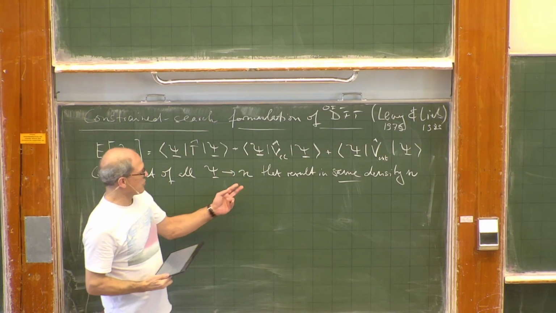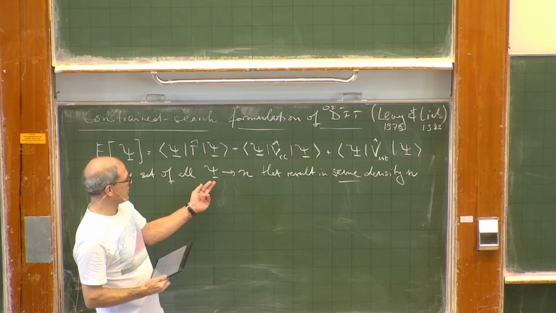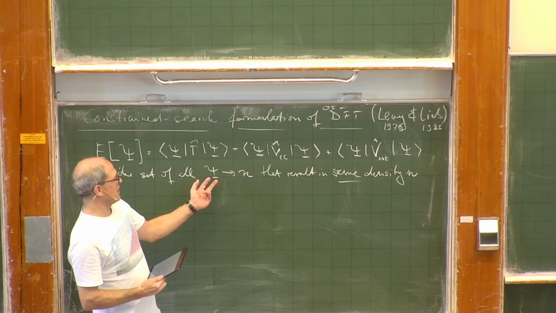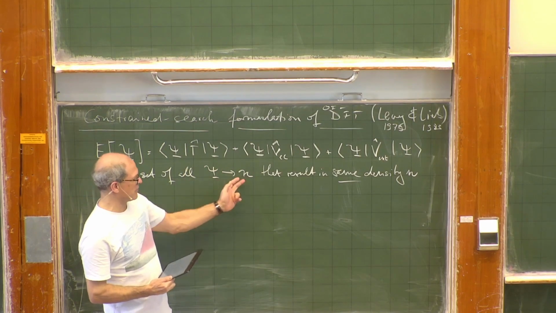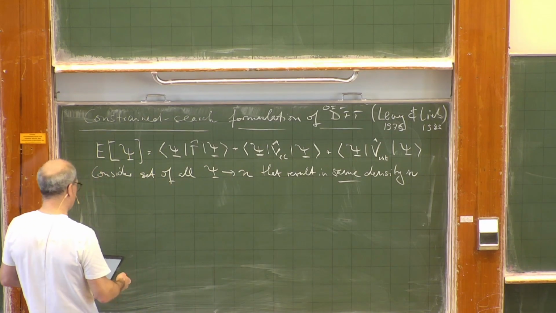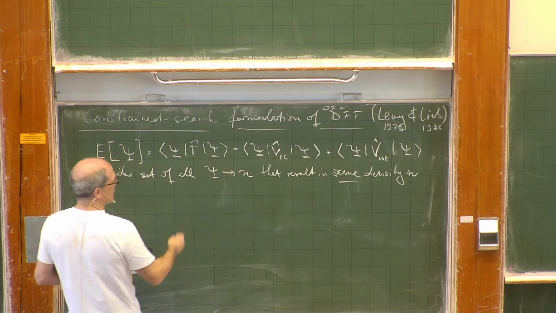And so we simply can compute this one particle electron density of any wave function, and here we consider all those wave functions which have this identical one particle electron density. And of course there are infinitely many of those.